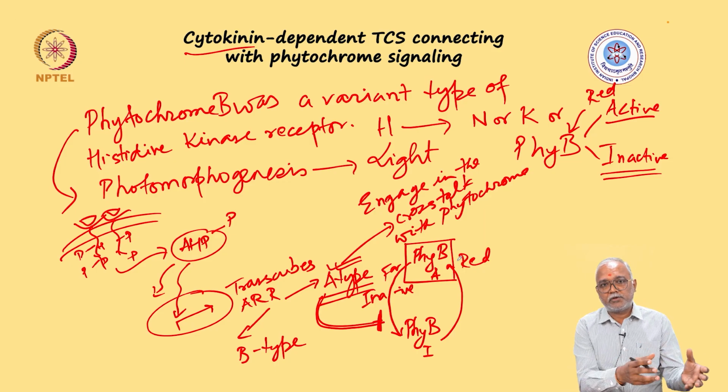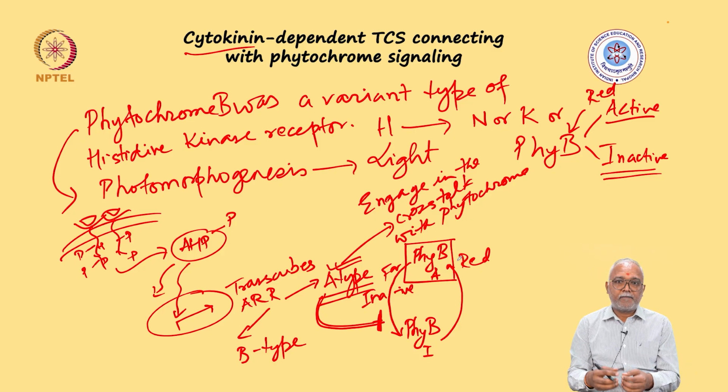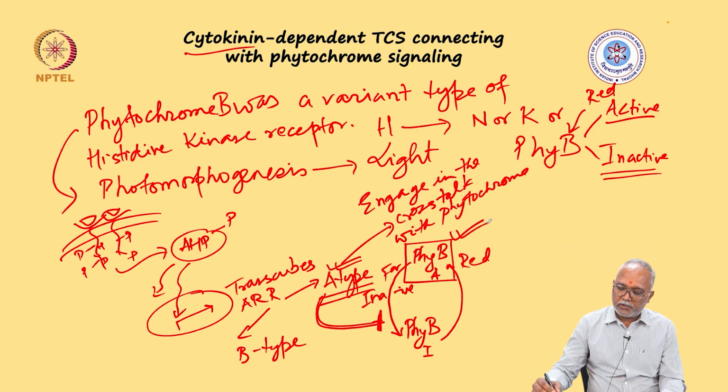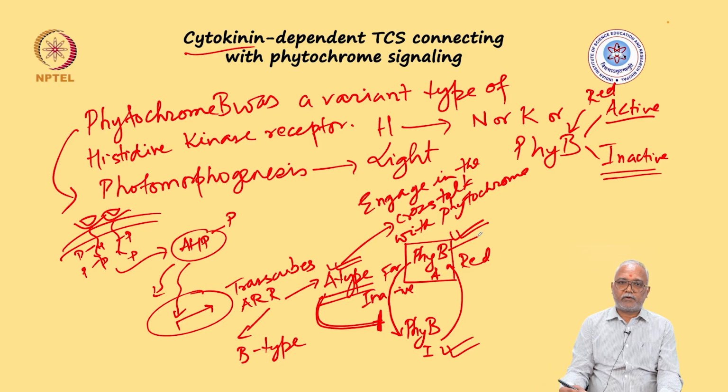B type engages in the regular responses which are required by the plant, which is a consequence of cytokinin direct signaling. The type A response regulators, apart from doing what they are supposed to do, impinge or connect to the phytochrome signaling, where they inhibit the conversion of the active form of phytochrome B to the inactive form of phytochrome B, which gives more time to the active form of phytochrome B and thus mediates the phytochrome mediated signaling. We will see more of that in the next class.